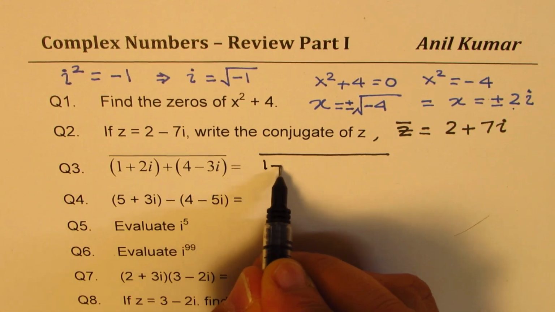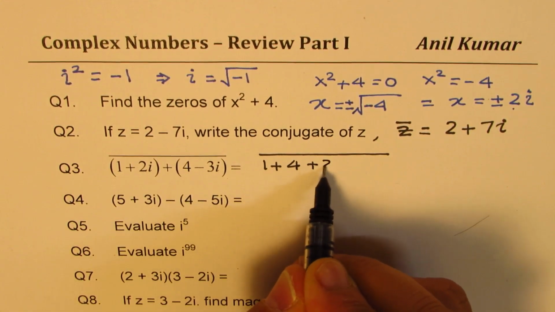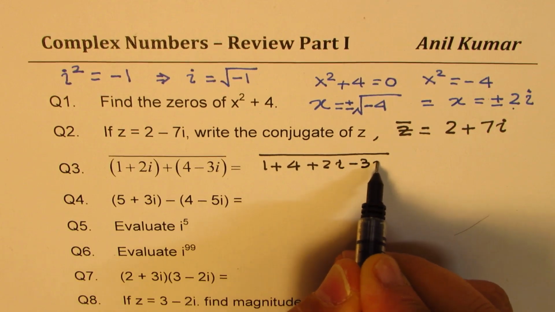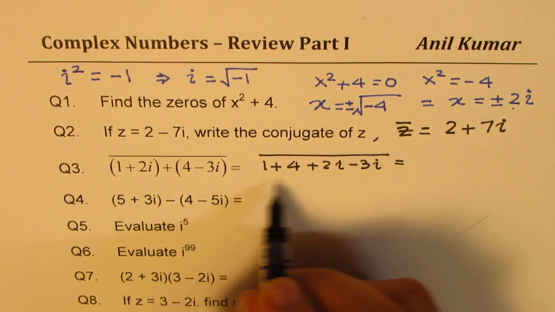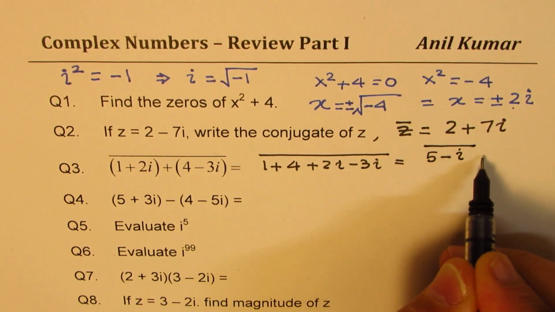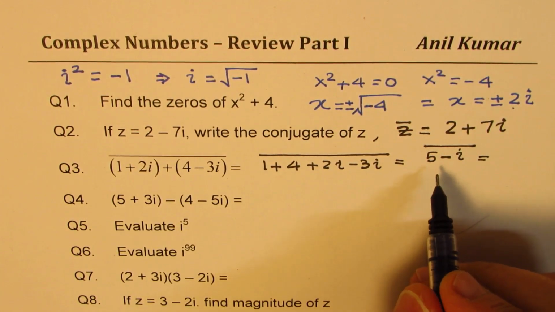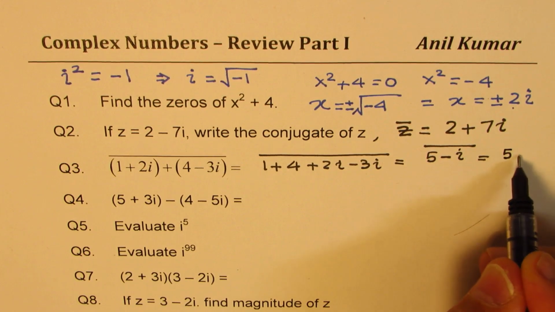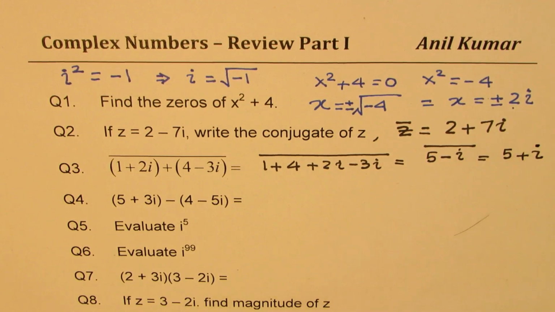So we have 1 plus 4 plus 2i minus 3i, correct? So that gives you 5 minus i conjugate, right? So the conjugate of this is 5 plus i. So that is how you could find the solution of such a question.